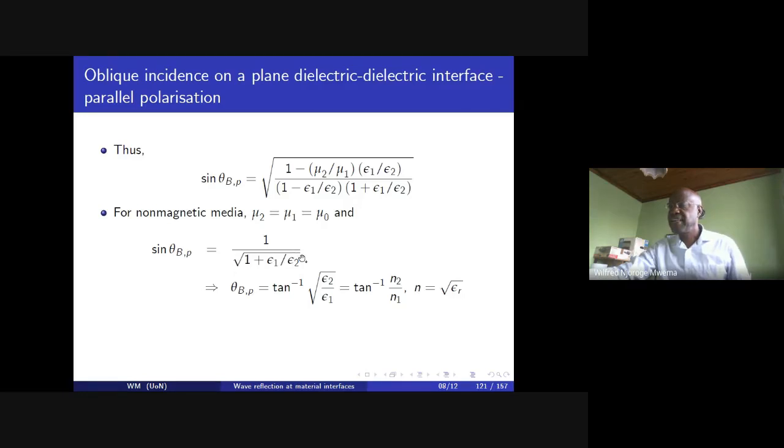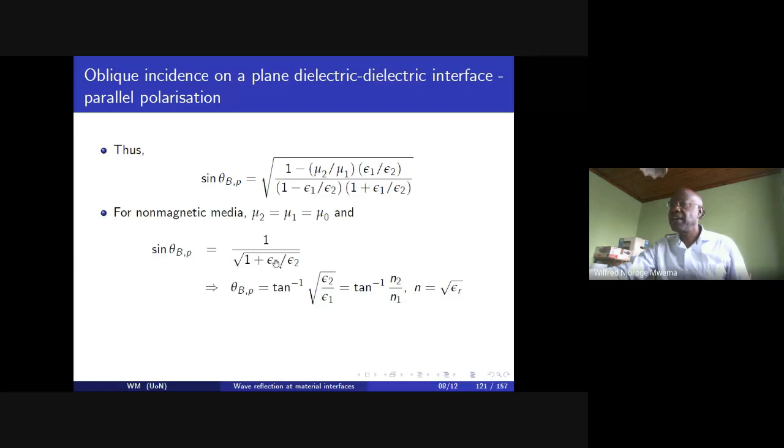Okay? And therefore it means if the angle of the hypotenuse is that, then it must be the sine squared plus the cosine squared. So the cosine squared must be root epsilon 1 by epsilon 2. And therefore we can always write this equation also in terms of either the arcsine of that expression or the arctan of epsilon 2 by epsilon 1.